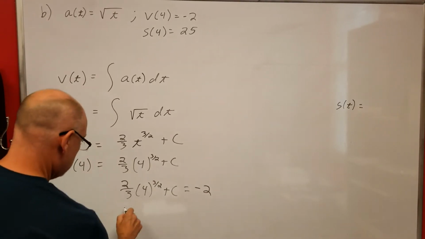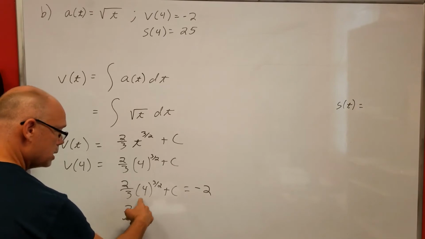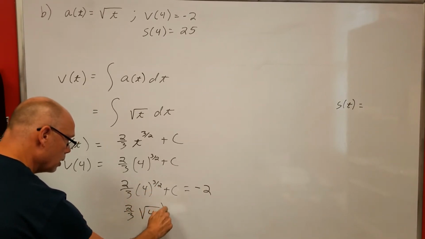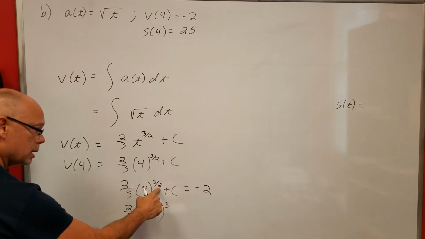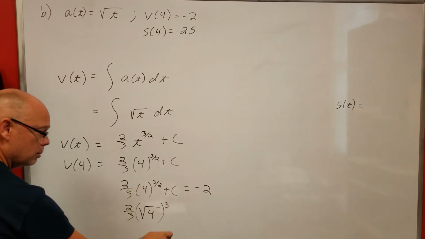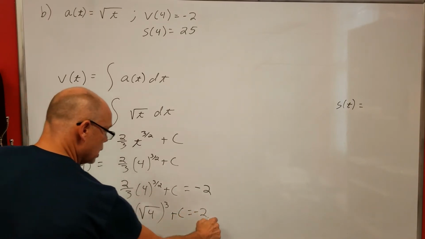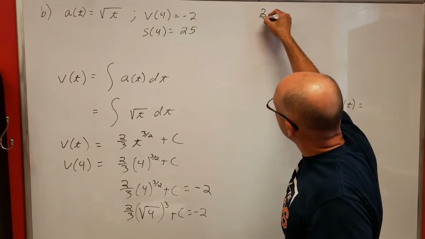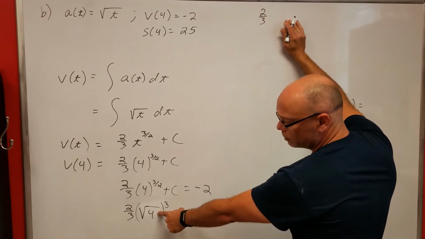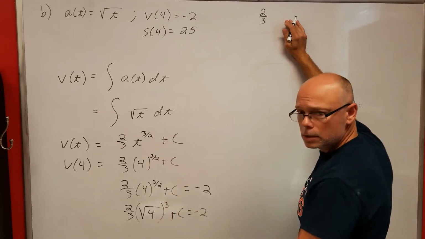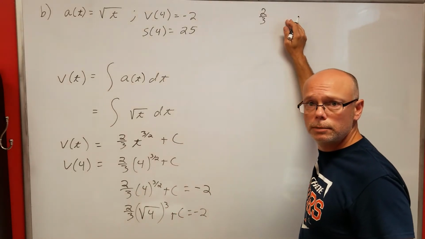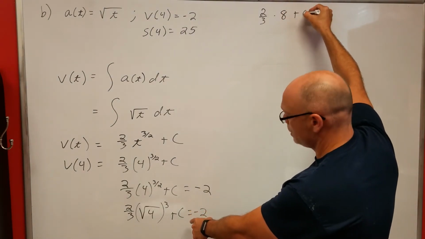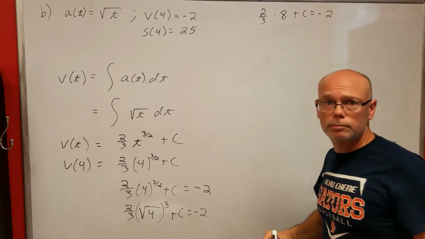Well, I could say, okay, this is 2/3, but instead of saying 4 to the 3/2, I could say that's the square root of 4 quantity cubed, right? Because that's the square root of 4 cubed plus c is equal to -2. Well, that's what? 2/3. What's the square root of 4? 2. What's 2 cubed? 2 times 2 times 2, right? Which is 8. Plus the c is equal to -2.